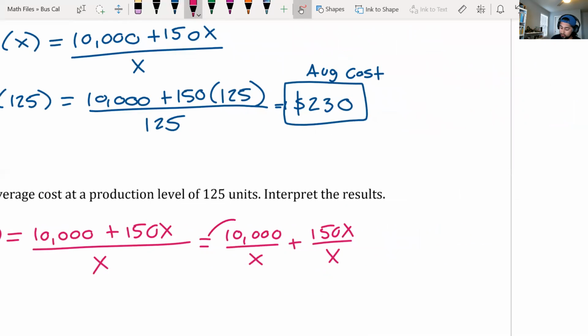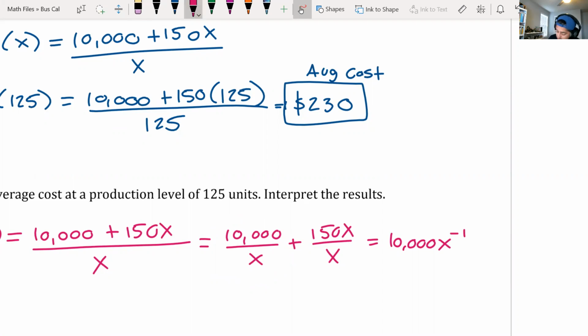What's another way to rewrite 10,000 over x? 10,000x to the what power? Negative 1. Yep.